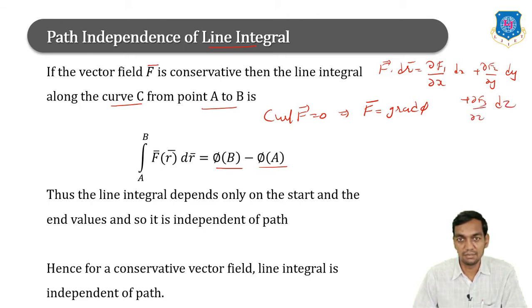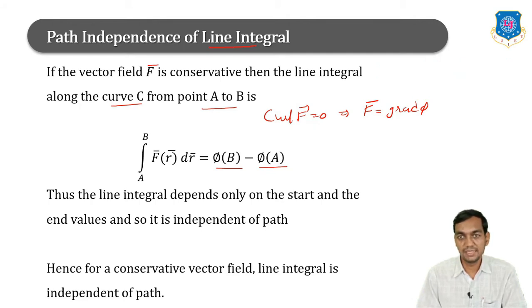But we are not writing it in this form. Instead of this, I am going to use grad phi. So curl of f bar is 0, so f bar is equal to grad phi.